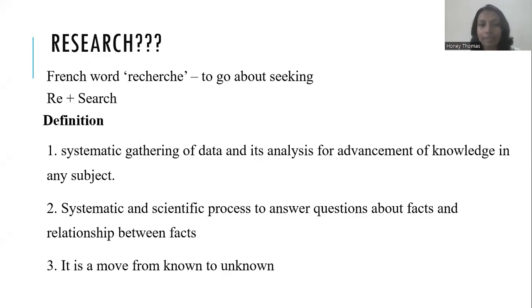That means whatever we are doing should be done in a systematic way. If we are solving a puzzle, every piece of the puzzle should be placed systematically to solve the whole puzzle. That is a systematic gathering of data. What is data? It is whatever we collect in association with the research.